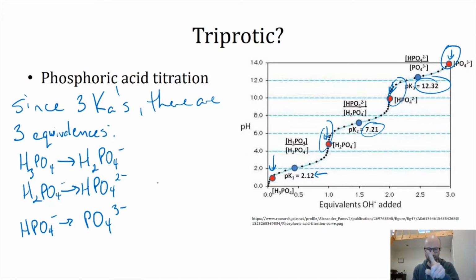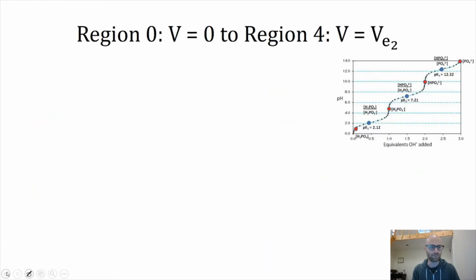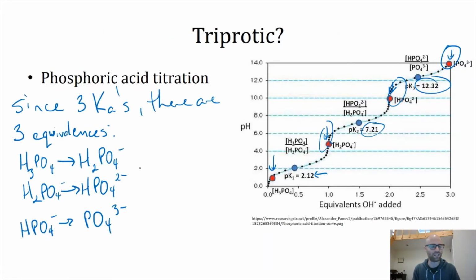We're going to talk about that later, because that's where I determined there was a problem. But as you might have guessed, the volume of base needed to add 1 equivalent of OH is half as much as the volume of base needed to deliver 2 equivalents. In other words, the volume of base needed to reach each equivalence is equal.